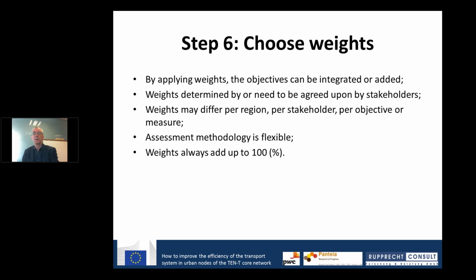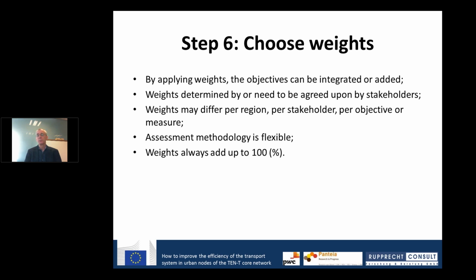The 6th step, in the 6th step we choose the weights, and by applying the weights the objectives can be further integrated or added. These weights are determined by or need to be agreed upon by the stakeholders. In the Rotterdam case, we asked the stakeholders to give weights to all the aspects, and so they did.